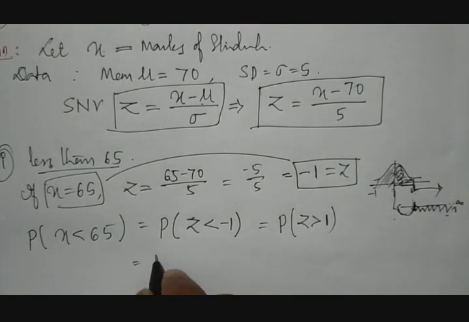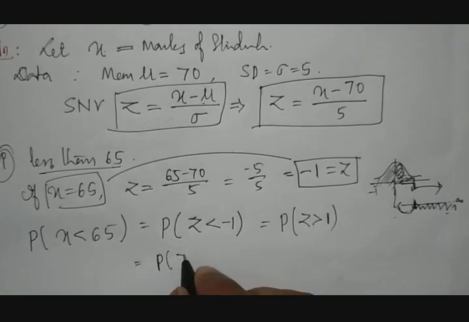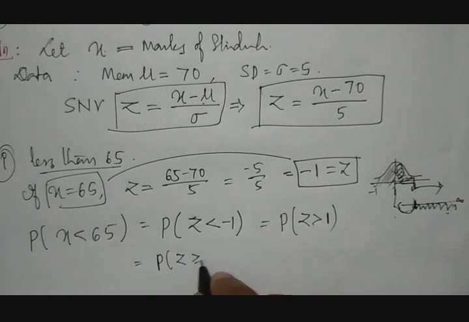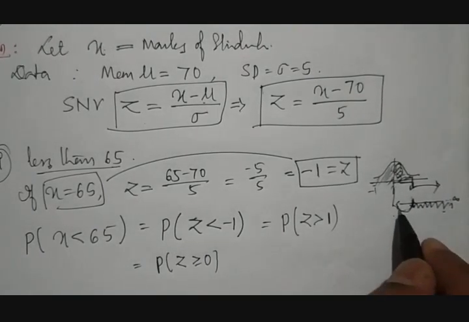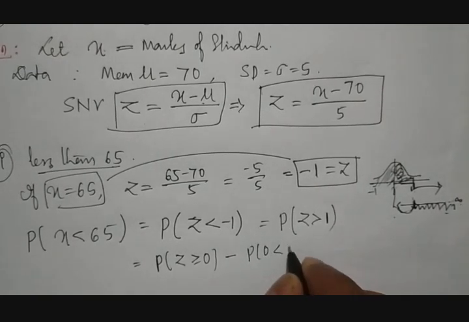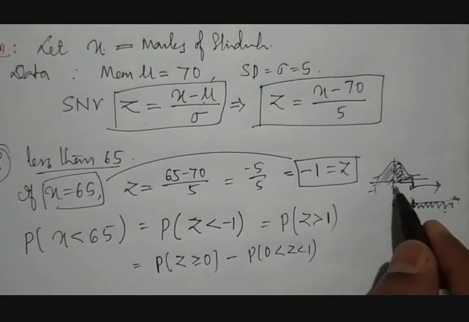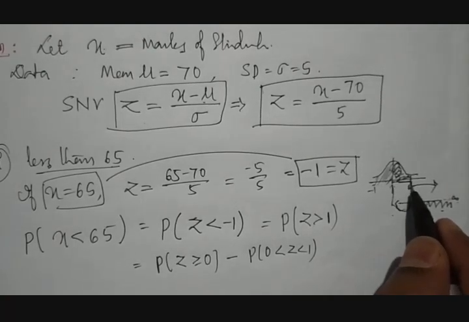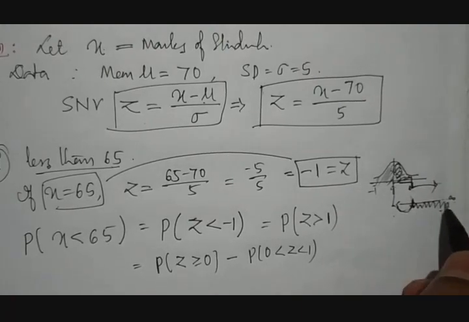Therefore, probability of z greater than 1 is nothing but probability of z greater than or equal to 0, means from here to continue, minus probability of 0 less than z less than 1. Means probability between 0 to 1. This has to be calculated and this should be deducted from complete 1. Then we will be getting only this portion.